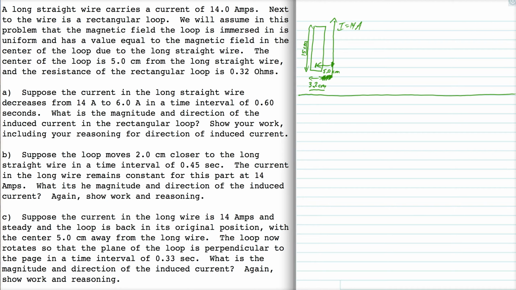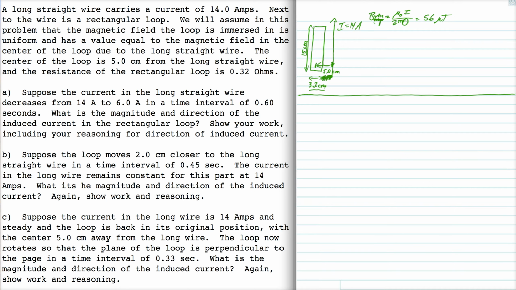Alright, so our formula for the magnetic field due to the wire inside the loop is mu naught I over 2 pi r. That works out to be 56 microtesla when you plug in r equal to 5 centimeters.